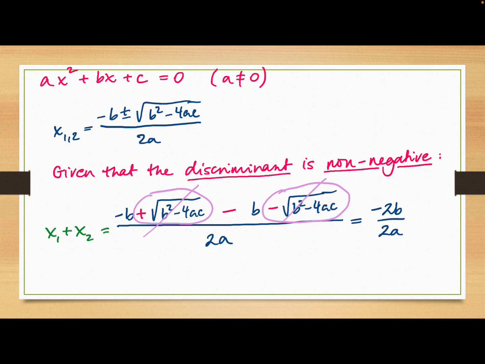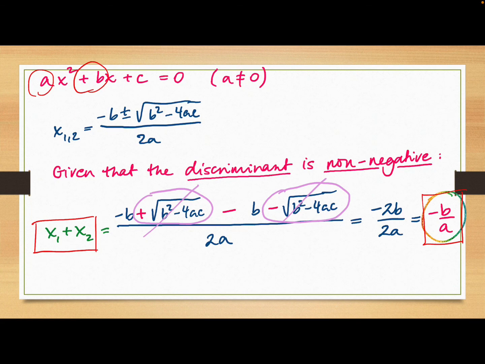If you collect minus b in the numerator, you get minus 2b over the given denominator, 2a. Simplifying this, you get minus b over a. And this is always true given that the discriminant is non-negative.